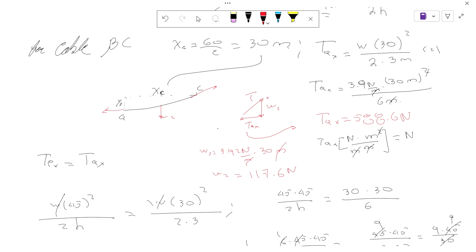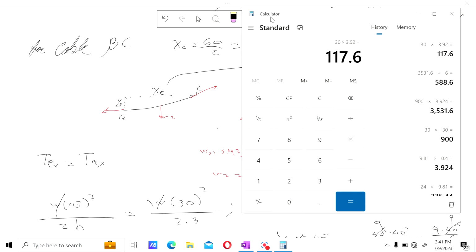So what we can do is compute the total force using the square root. So the tension T is the square root of 588 squared plus 117 squared, and I'm going to need a better calculator for that. I don't think this calculator will give me square. Oh yeah, it will.